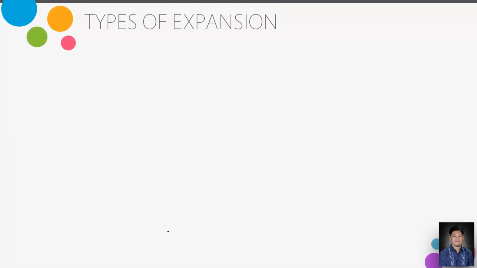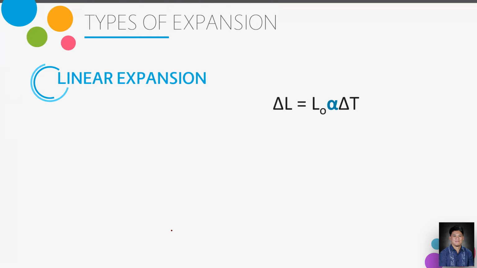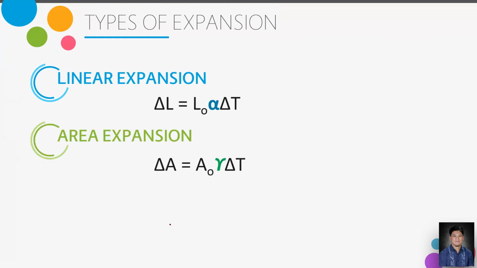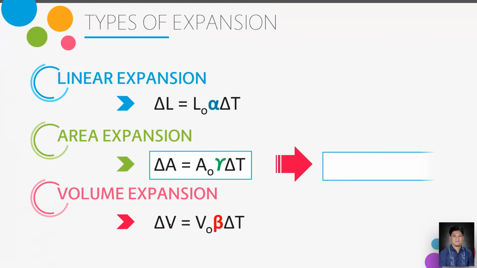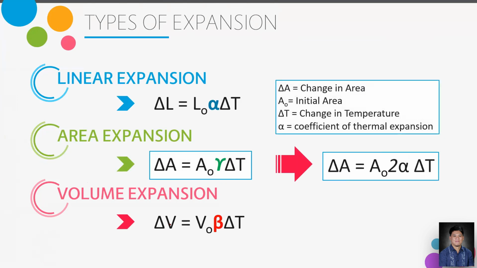Okay, so using the equation for linear expansion or the area expansion, which is the change of A is equal to the initial area times gamma times the delta T, where gamma is equal to 2 times alpha. So we can use the change of A is equal to A sub O times 2 alpha times the change in temperature.